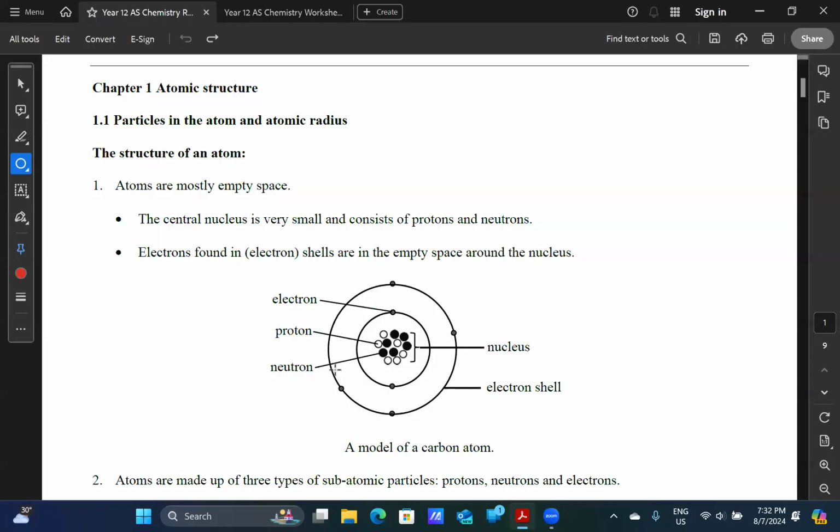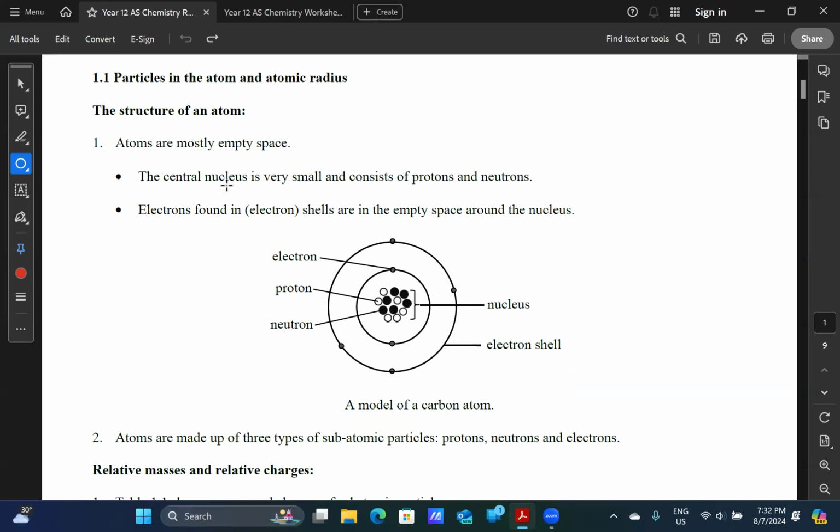Okay, actually, this chapter 1 has four main parts. The first part begins with particle in the atom and atomic radius. We would like to start with the atomic structures. You have learned this before through your SPM level and also IGCSE. After that, when we progress to another part, you will learn more about the energy level.